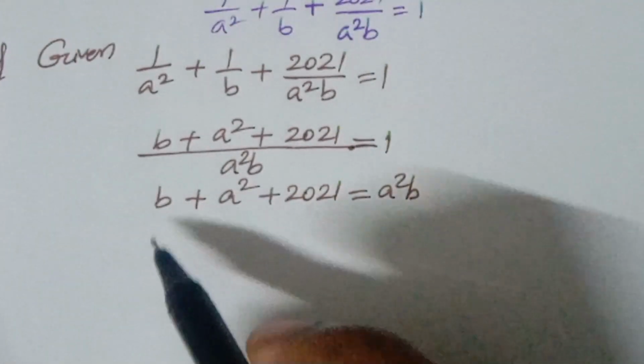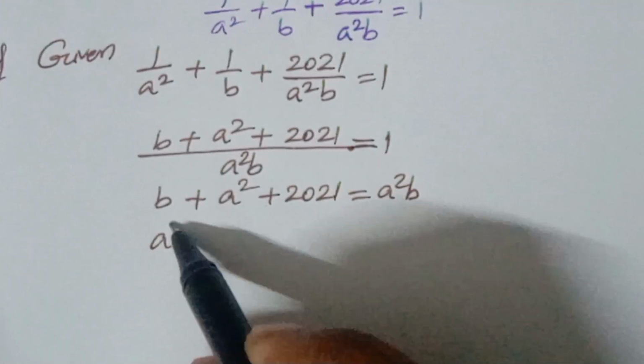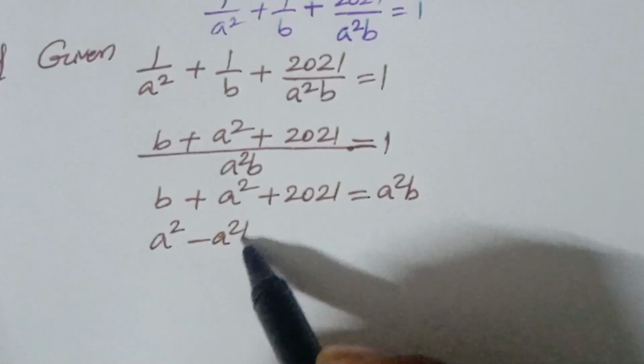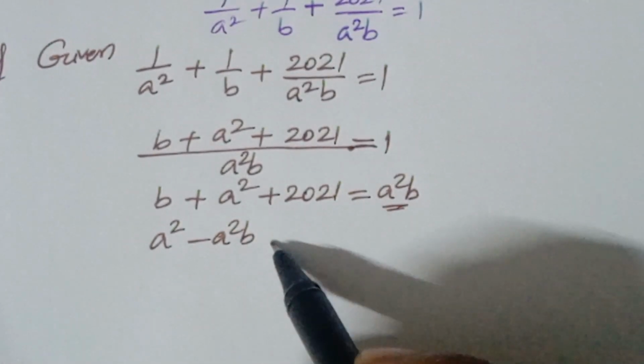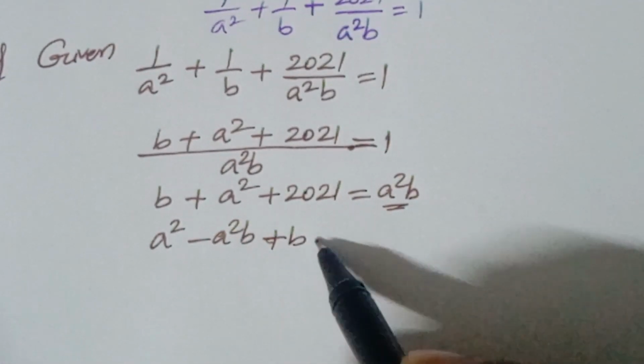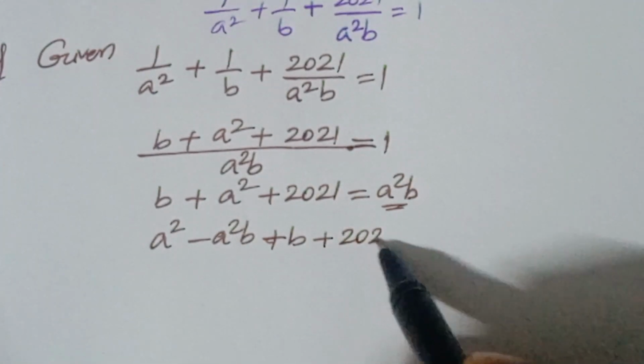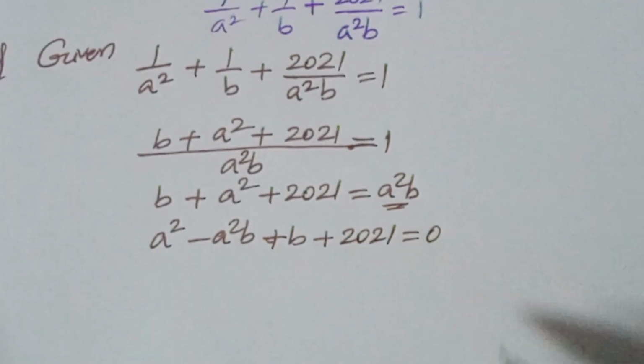So here our target is a and b values. So a square minus a square b plus b plus 2021 equal to 0.